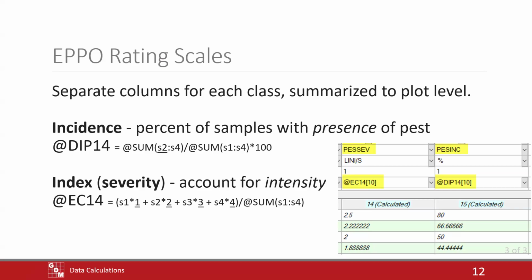So again, the assumption is that a scale of 1, the value of 1, is no presence. And so thus we can calculate, basically we just add up all of the others, how many were in 2 through whatever, and then we sum up the grand total, multiply it by 100, so it's a percentage.